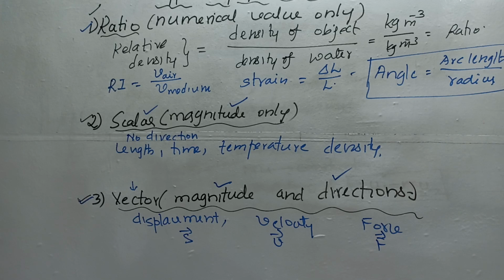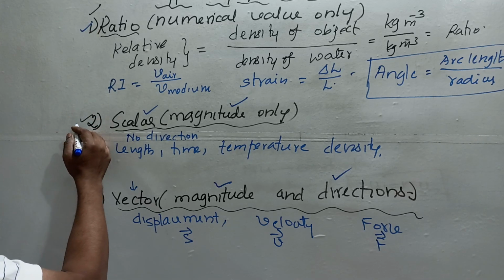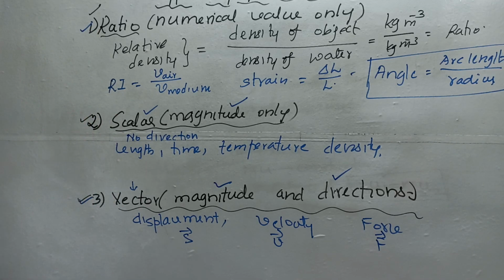Vector physical quantities can be added or subtracted according to the vector law of addition. These laws are different from the law of ordinary addition. You can solve problems related to vectors by using vector algebra, not normal algebra. So these are the different types of physical quantities: ratio, scalars or vectors.